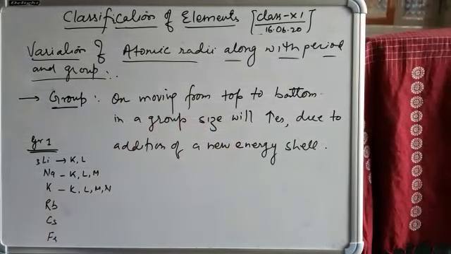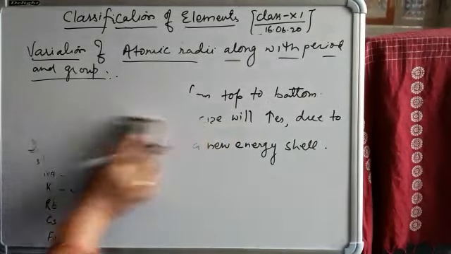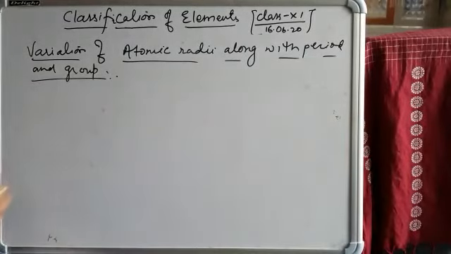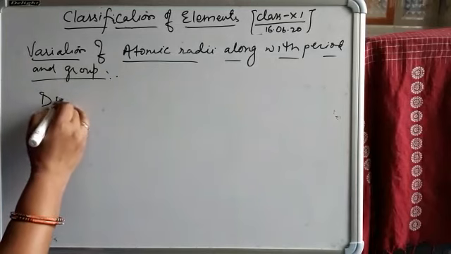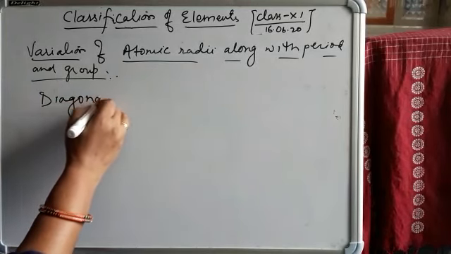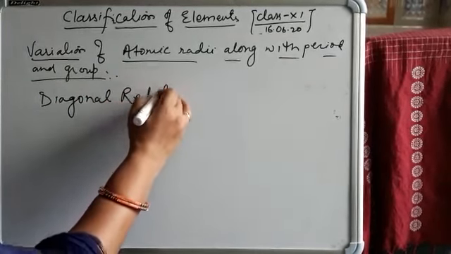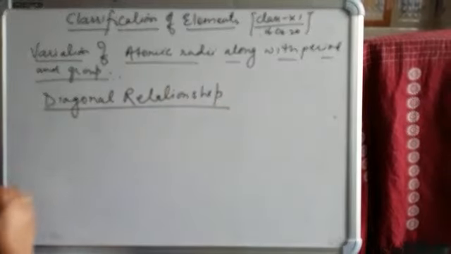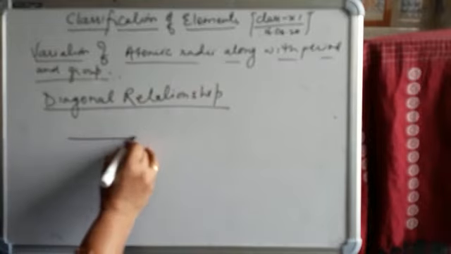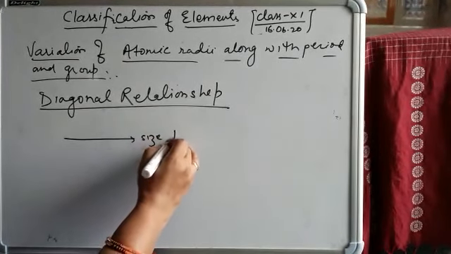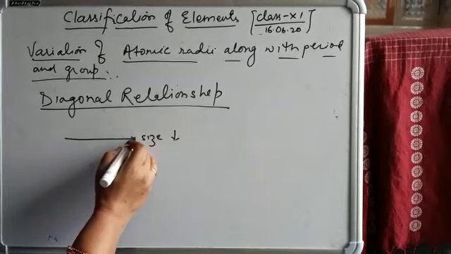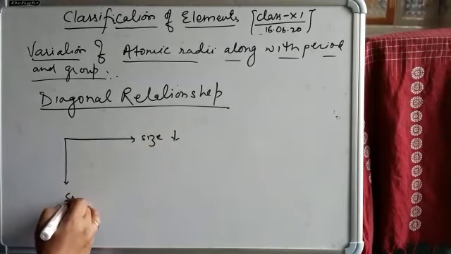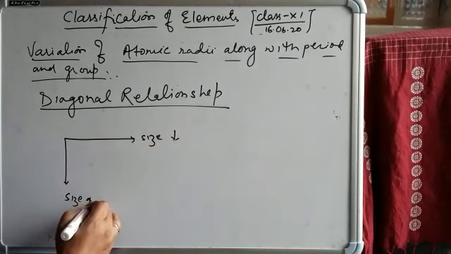Another topic is the diagonal relationship. We know that size increases when we move from left to right in a period, and when we move top to bottom in a group, the size increases.